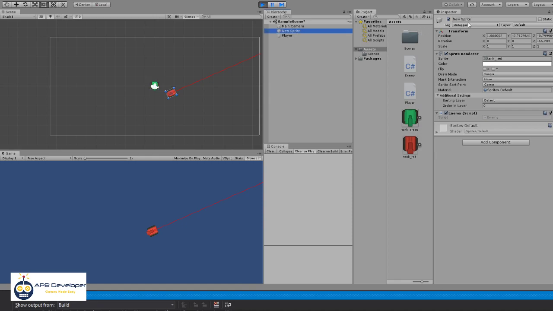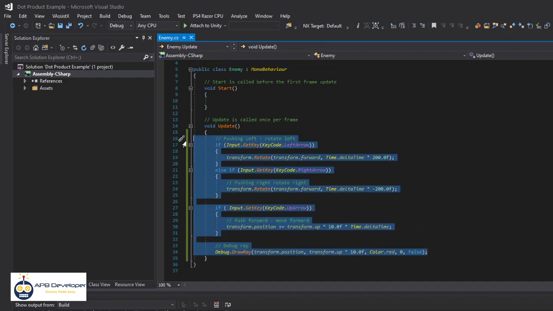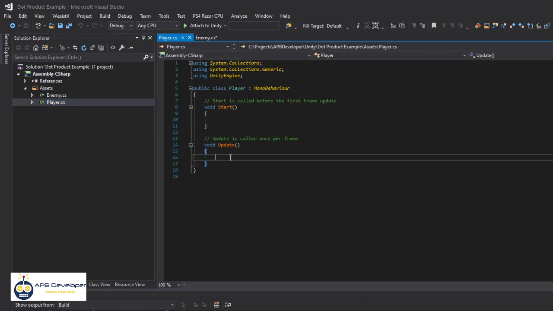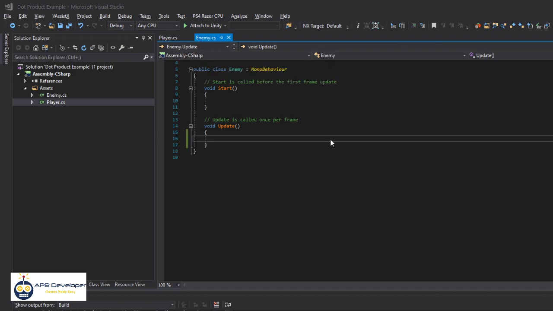See if I put these the right way around. Oh no, either. I thought it's strange. It's because I've put all this code in the enemy class. In a second, I'll just take that out. That's a bit confusing otherwise. We'll put it in player class. And then flick back to Unity.